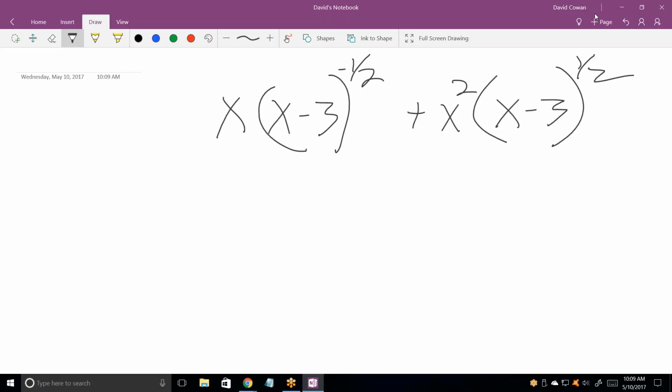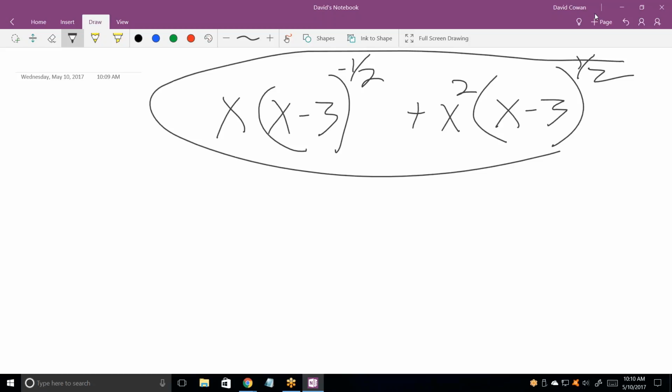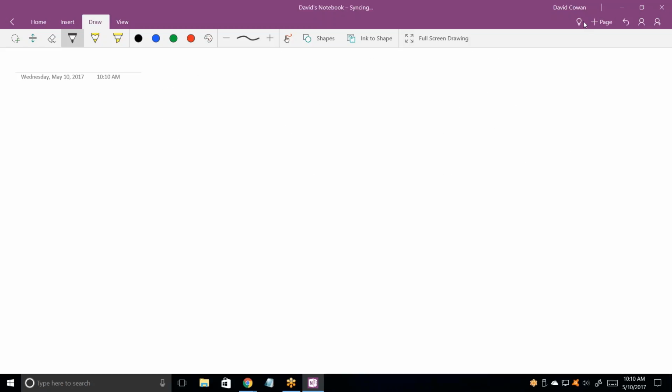You can technically factor out either one. You can factor out the x minus 3 to the positive 1/2, but you end up doing this a lot with quotient rule. Okay. Because you end up with a lot of square roots, which results in these fractional exponents, and so it's a factoring problem that you've probably never done. Okay. Let's handle that when we get to it, I guess.